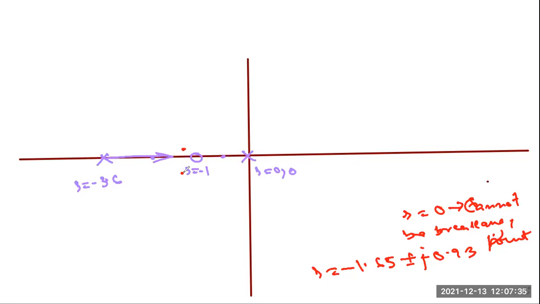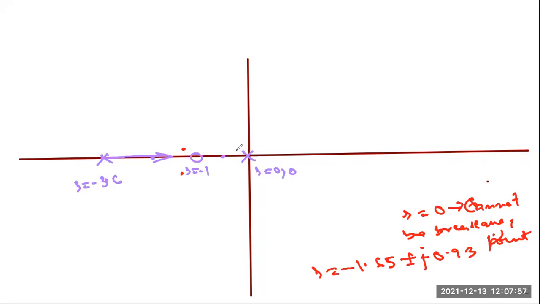No, sir. No, because the breakaway point will always lie on the real axis. Though s equal to 0 is lying on the real axis, there is no root locus meeting at this point. No root locus is meeting, because there is no root locus here.